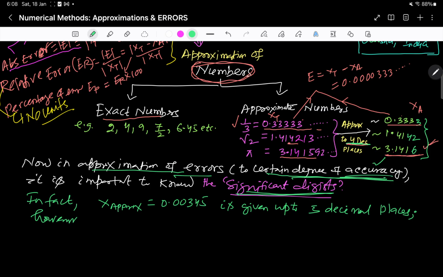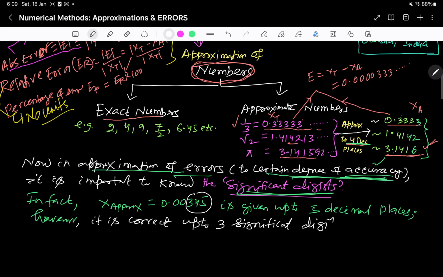It is correct up to 3 significant digits.